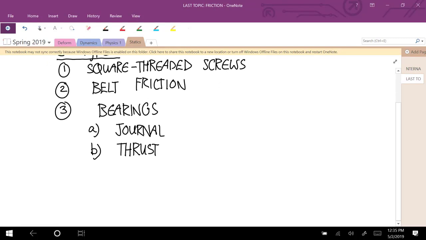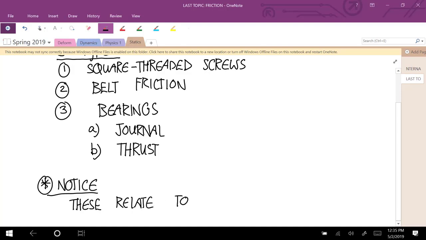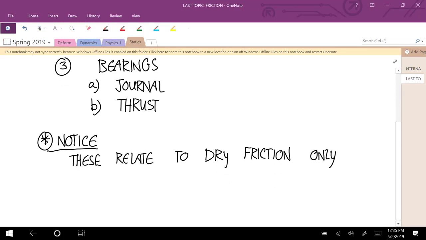Before I go into the first one, square threaded screws, this is something to keep in mind for applying these techniques. These relate to dry friction only, not viscous friction.